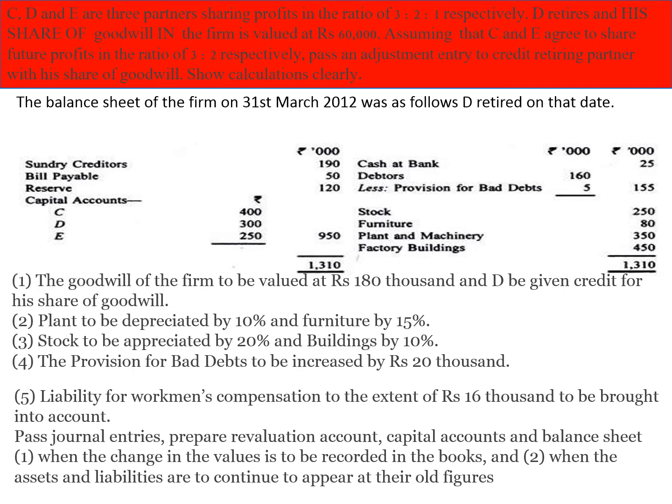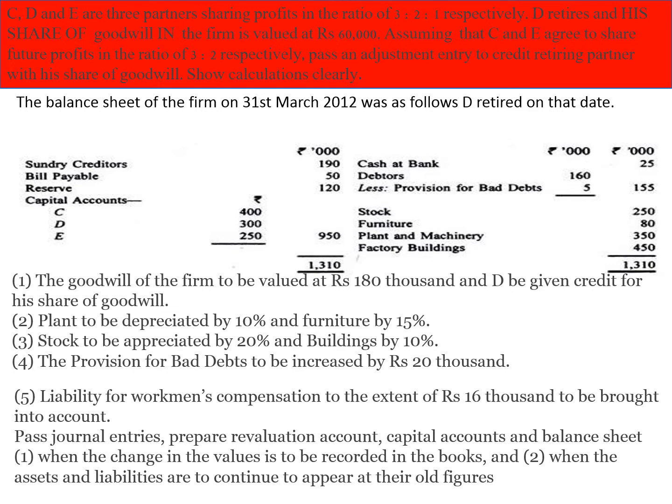Provision for bad debts be increased by rupees 20,000. Already provision was 5,000. Now it has increased by 20,000, so new provision would be 25,000. So debtors are decreased with 20,000.